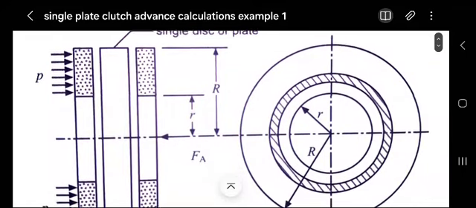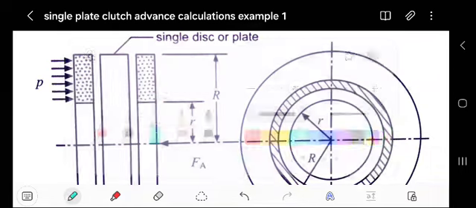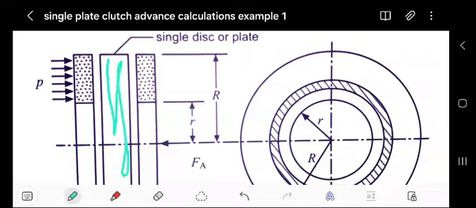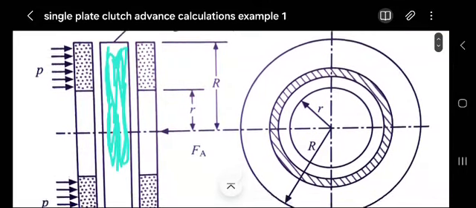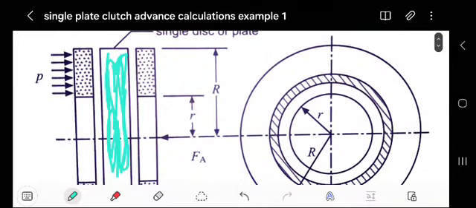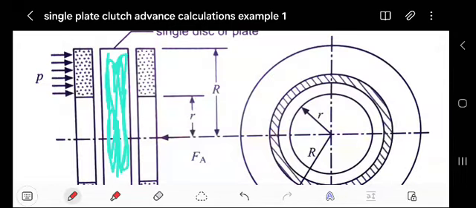If you have a single plate clutch, as you can see here, this is our plate. We have a friction surface there. Why do I say we'll have 2 contacts?